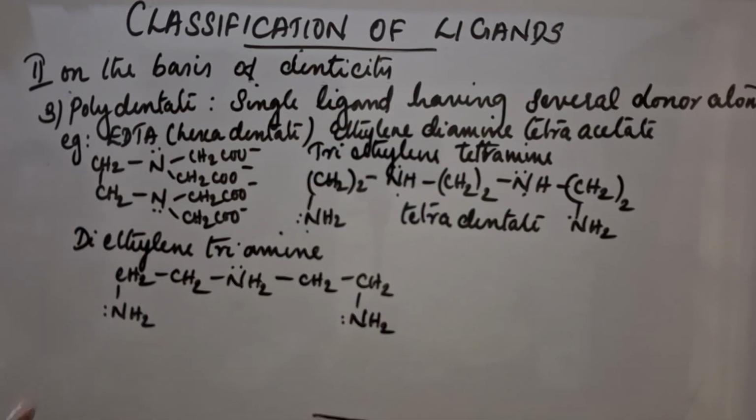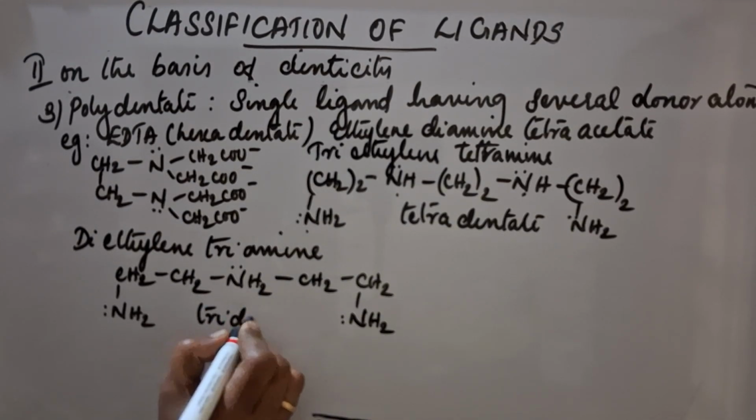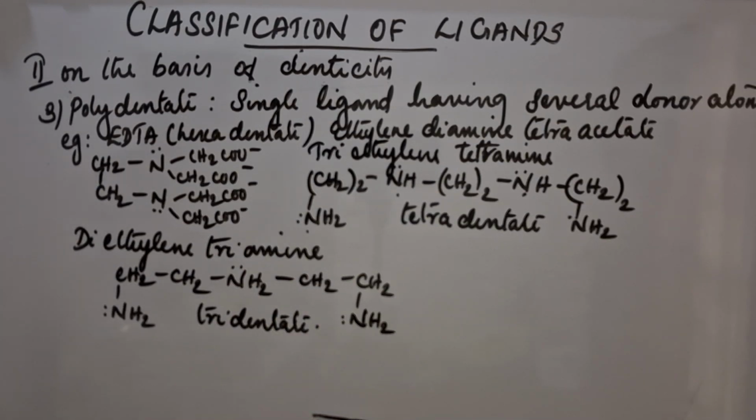So here 1, 2, 3. Three coordinate bonds are formed. So it is a tridentate. Now next is ambidentate ligands.